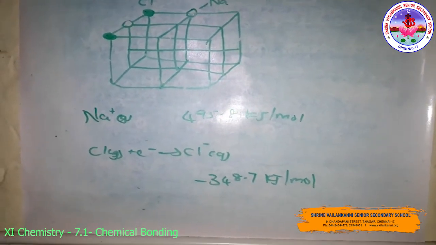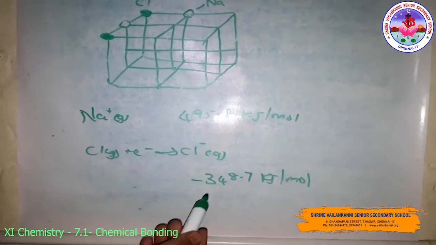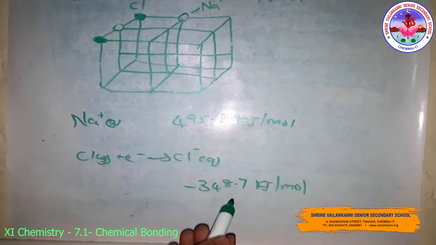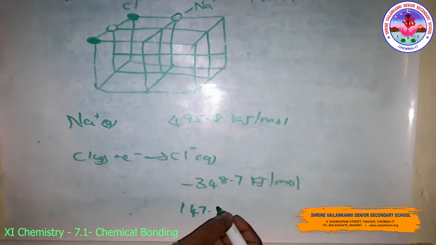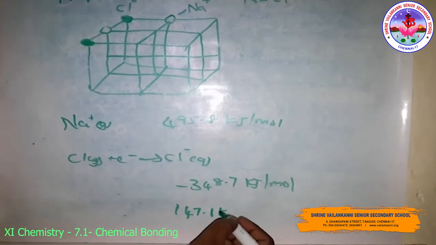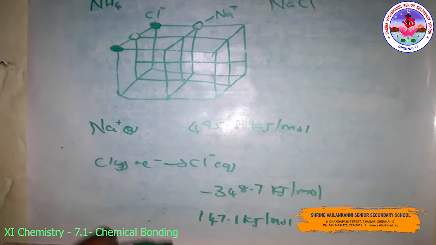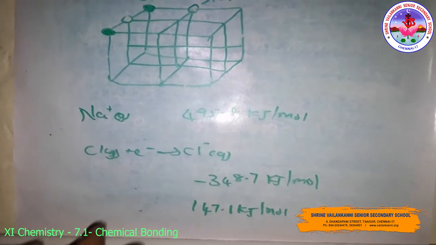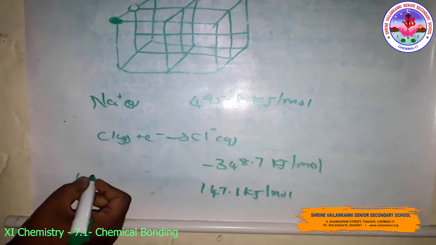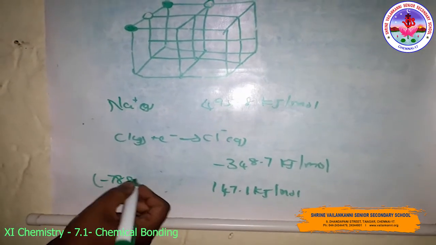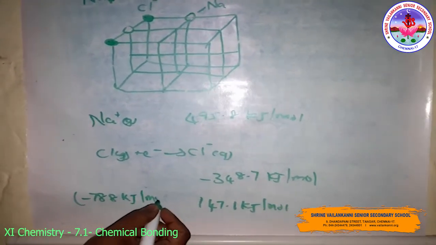So the sum of the two, that is plus 495.8 minus 348.7, you will get 147.1 kilojoule per mole. This is more than compensated by the enthalpy of lattice formation for sodium chloride, which is 788 kilojoule per mole.